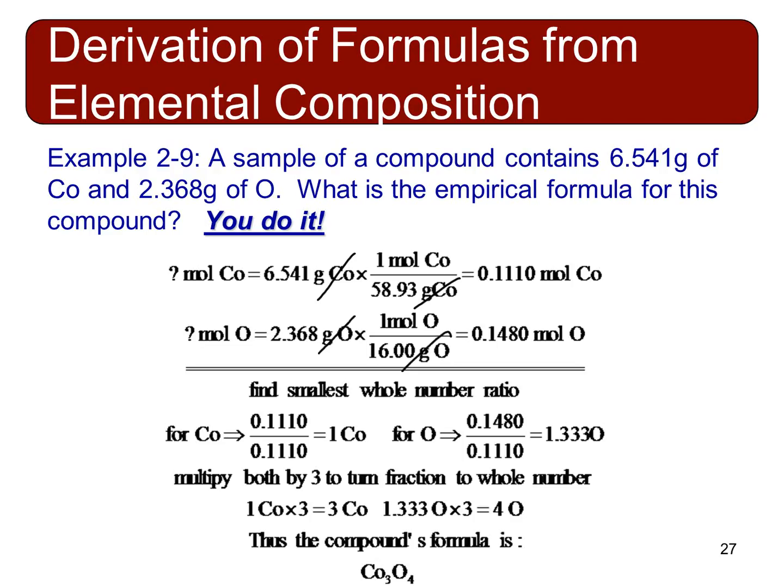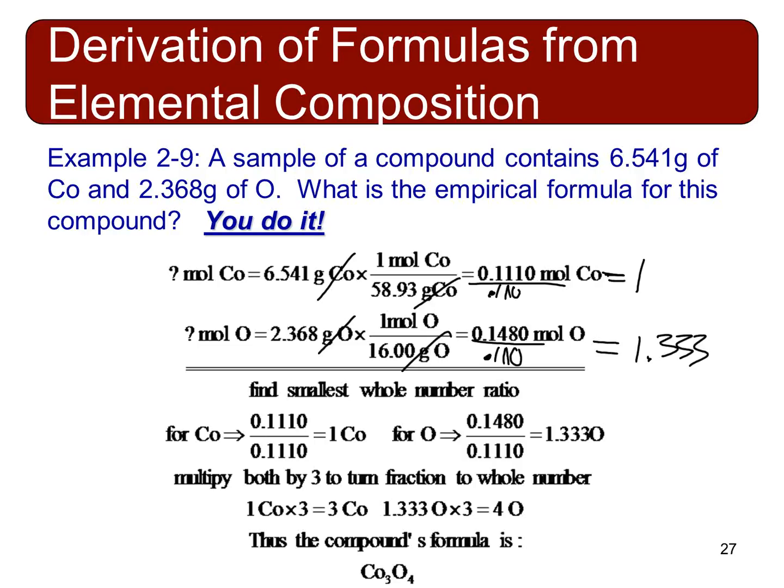And we take our smallest number, so we divide by our smallest number, which is obvious. We're going to get 1 here. And when we divide into the moles of oxygen, we get 1.333.